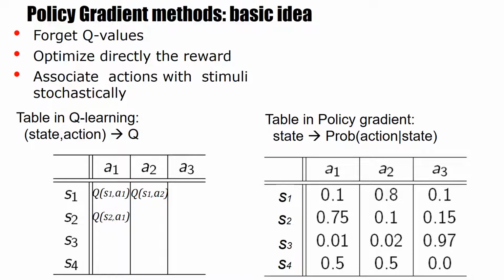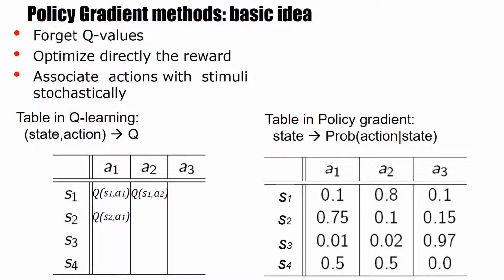Now instead, we can have a table in policy gradient that says we directly associate each state with the probability of an action given a state. So, for example, again, I'm in state 2.